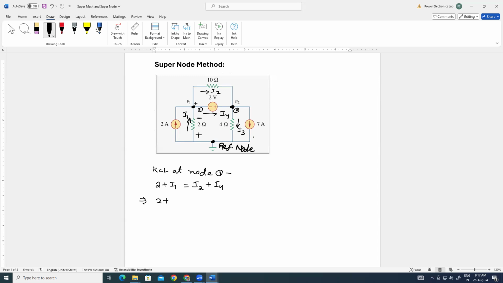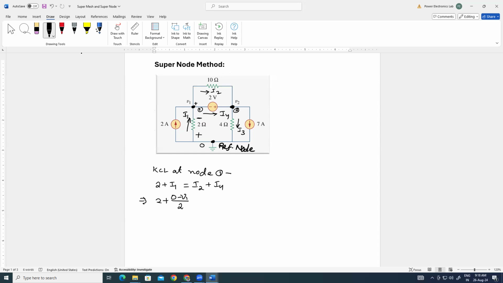The voltage at this terminal is 0, so I1 will be equal to 0 minus V1 by 2. If the current direction is downward, then it will be V1 minus 0 by 2.